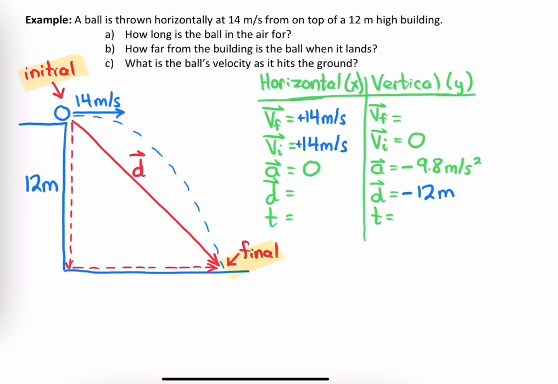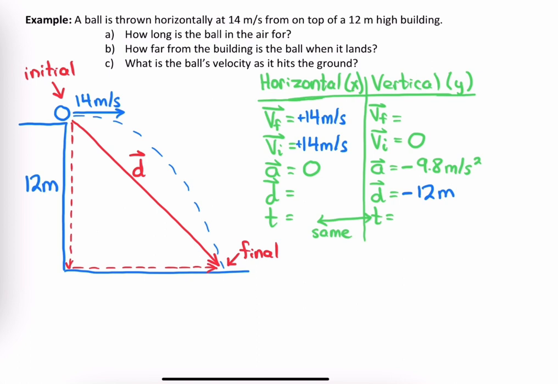So even though they're kind of looking for different things, you could say, they're both going to get the exact same time. So this time is going to be the same on both sides.